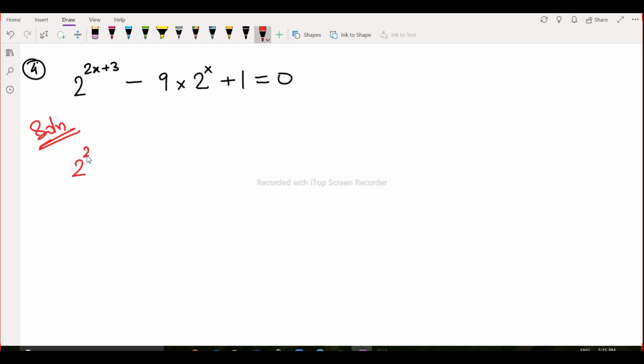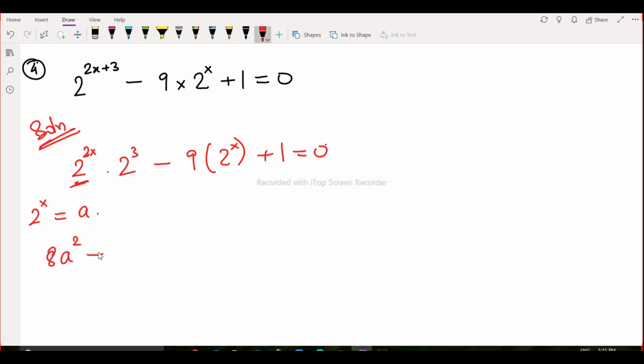So this is 2 raised to 2x times 2 cube, minus 9 times 2 raised to x plus 1, equal to 0. Now 2 raised to x I can take as a. So this is a square, and this is 8. So 8a square minus 9a plus 1 equal to 0.